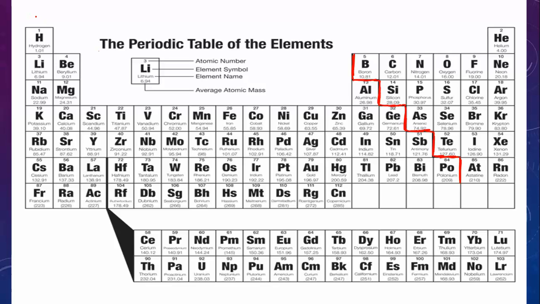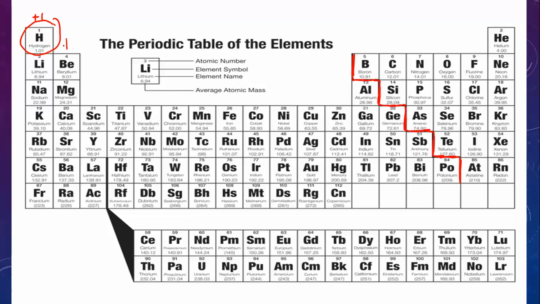First of all, make sure that you realize that this first column over here on the left, these are the +1 ions. Hydrogen, remember, is in a section by itself. It's not a metal, but like the rest of the alkali metals, hydrogen will, when it loses an electron, only lose one electron.